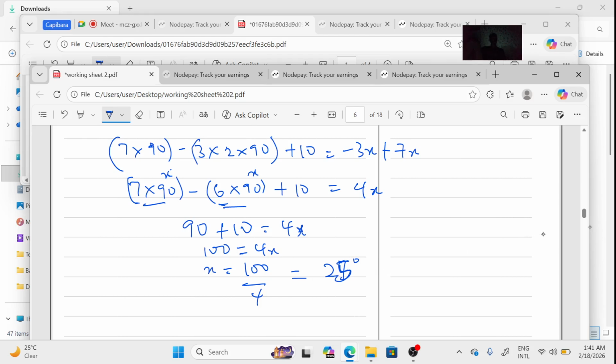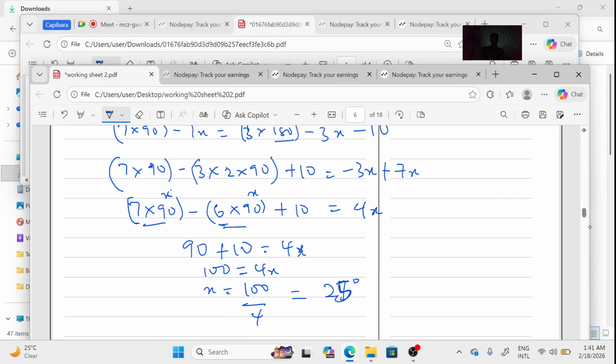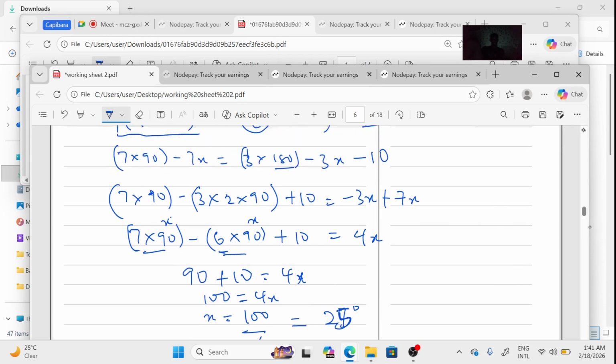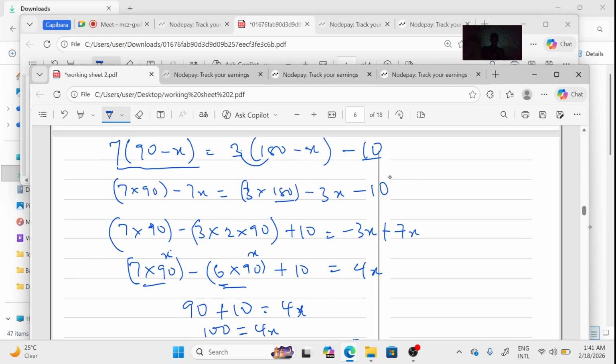So let's come here and resolve it. They said it says 7 times the supplement of 25. What supplement of 25?